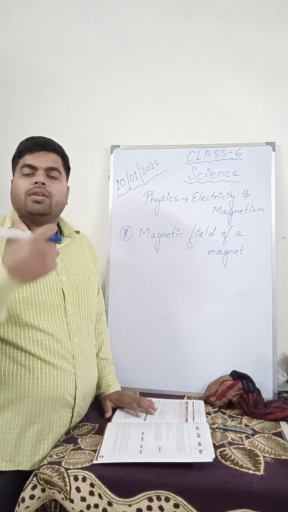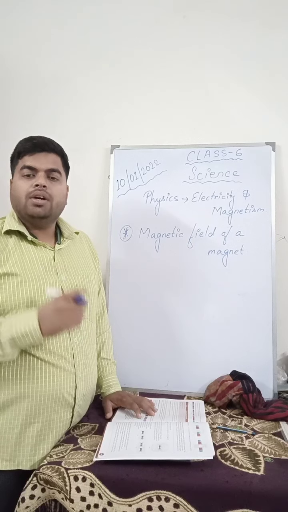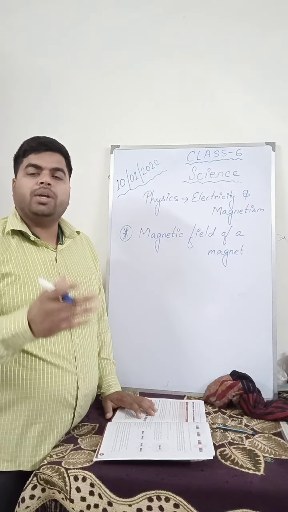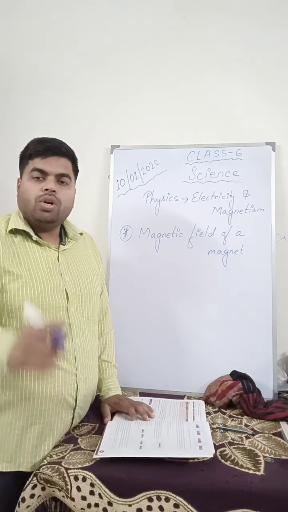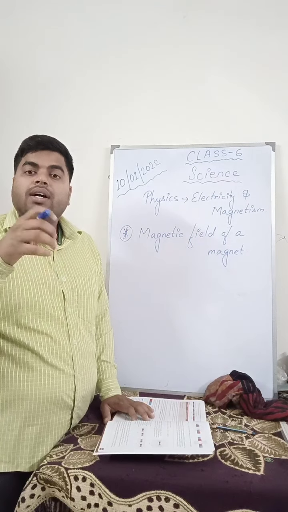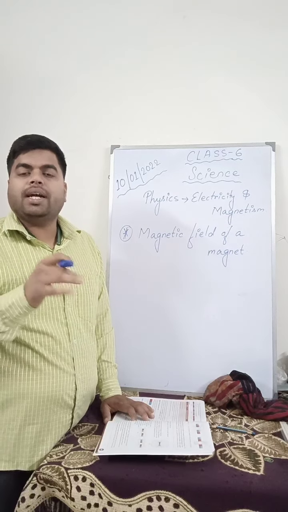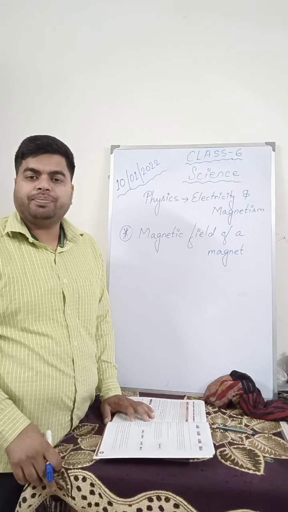Or any object which repels when you bring it closer to the magnet will move away. So the area within which the magnetic force acts is known as the magnetic field.